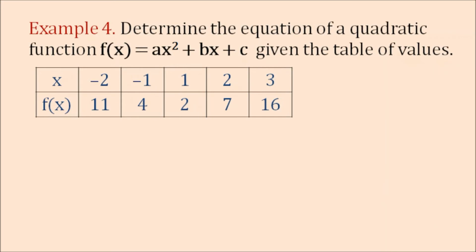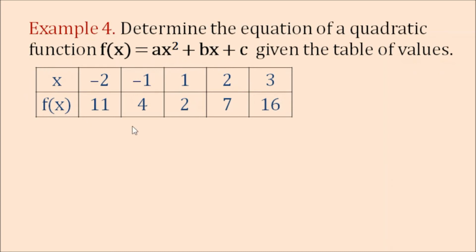Example number 4. Determine the equation of a quadratic function f of x equals ax squared plus bx plus c given the table of values. And this is the table of values. Here we are going to find a, b, and c.